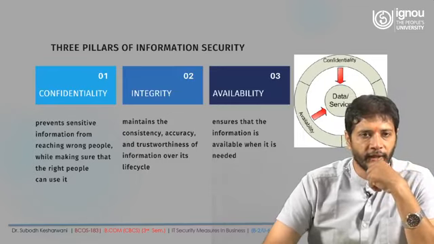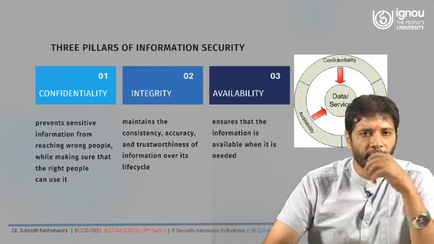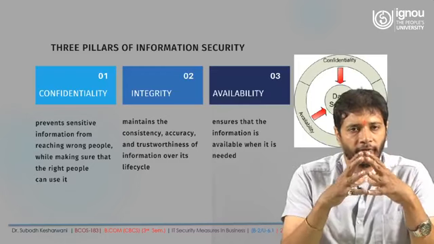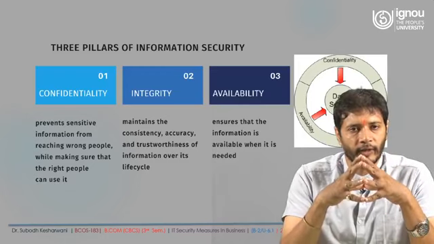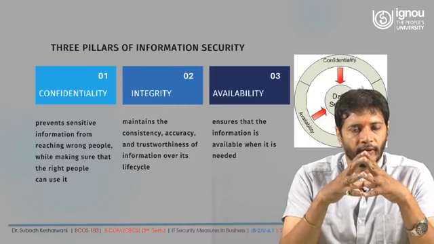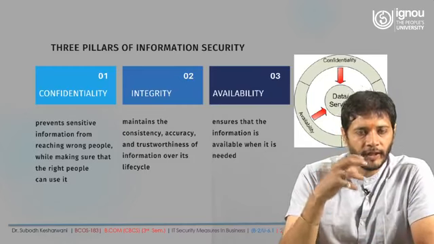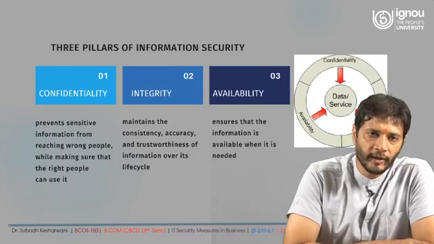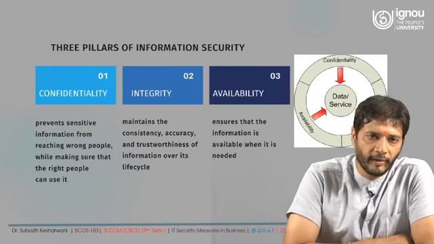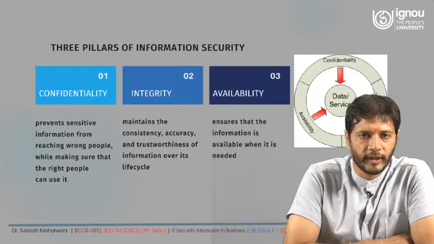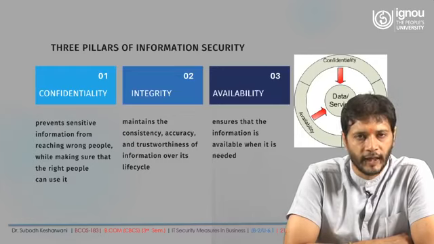For that, we have to use passwords, or combinations of passwords in alphanumeric, or various numbers which are different in nature, so that a strong password can be developed. And when you talk about integrity, it maintains the consistency, accuracy, and trustworthiness of information over its life cycle.